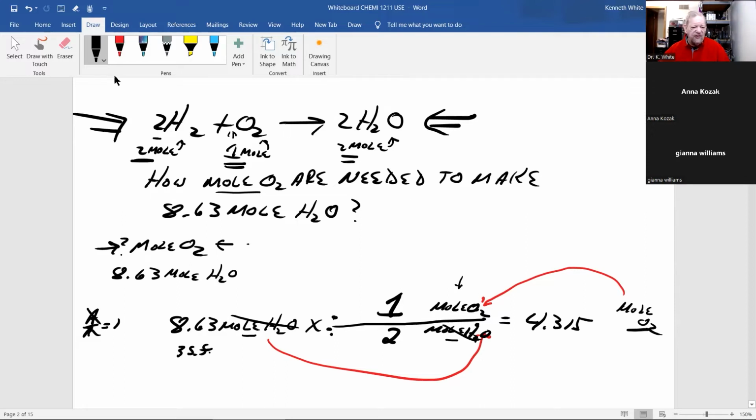Now, the coefficients from a balanced chemical equation are exact numbers, which do not play a role in determining how many significant figures your answer should be. So the only number I have to deal with, significant, is 3. So now I'll let you round this off to 3 significant figures.